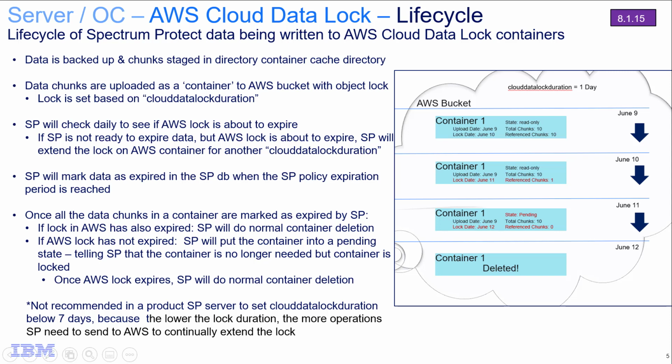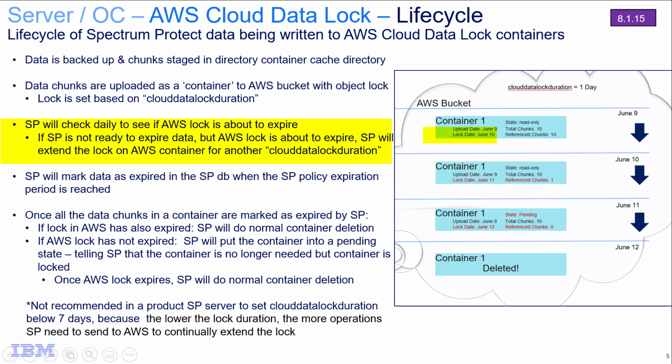But when we upload that container full of those individual extents to the AWS Object Lock bucket, we then assign a lock. And this lock is based upon the duration we specified in our define storage pool command with cloud data lock duration. So we'll assign that lock to that container of extents we just uploaded.